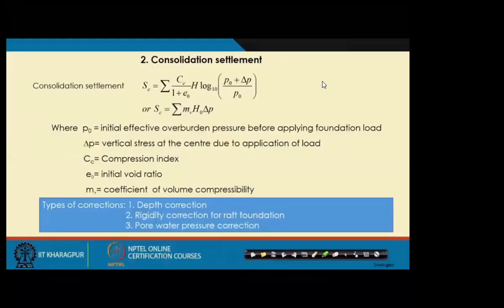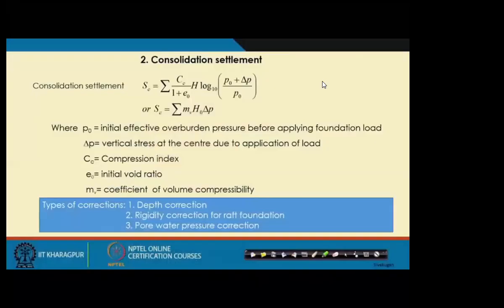That means del P is the stress at a point in the soil induced by the applied external load, and P0 bar is the effective overburden pressure. And here we have to apply three corrections. What are these three corrections? The depth correction, the rigidity correction and the pore water pressure correction.